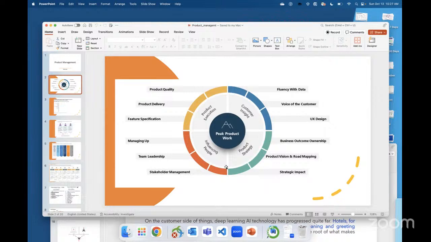And once we have that, there are two other sides. You can see both are diagonal in nature: product strategy, then product execution, and then influencing people and customer insights. Influencing people, why? Once you have done all the aspects of development, how are we going to engage end users?